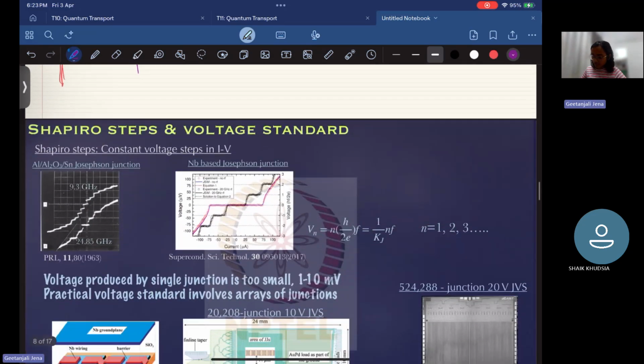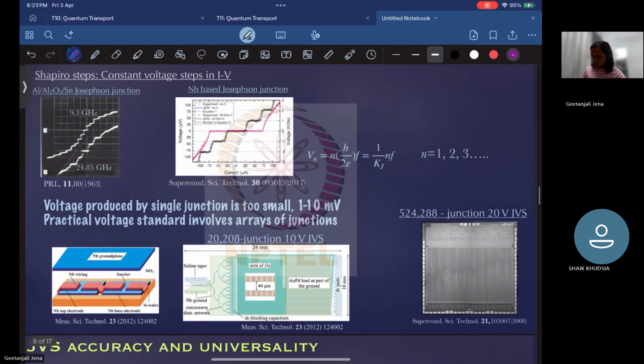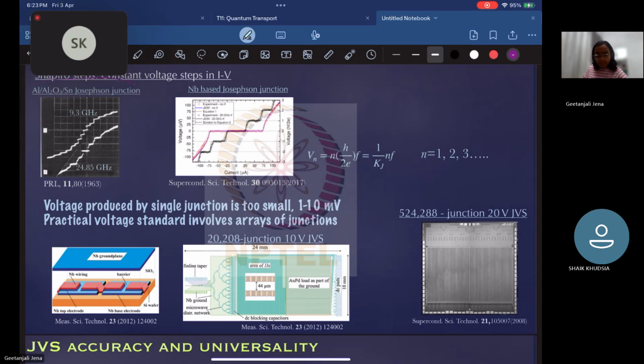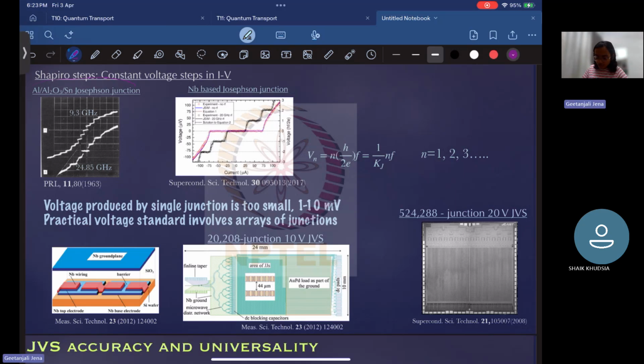Next, what we have seen is these are some of the plots of some of the semiconductor junction that has been studied to see the Josephson effect or the constant voltage curve.